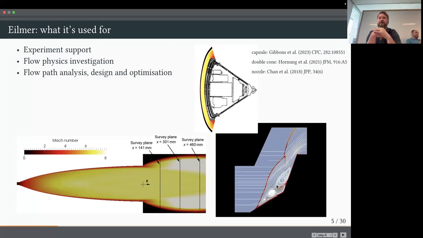Clearly, this one falls into the unsteady portion. So that was a use of Elma as, I might call it, flow physics investigation or a parameter sweep, where the flow code replaced the wind tunnel on that point, because it's just a far more efficient way to sweep a large parameter set. And in the top right, some of our high temperature gas dynamics work.